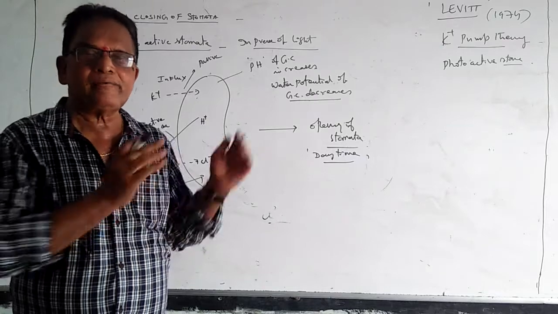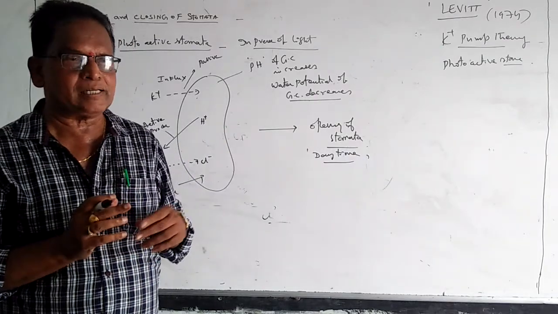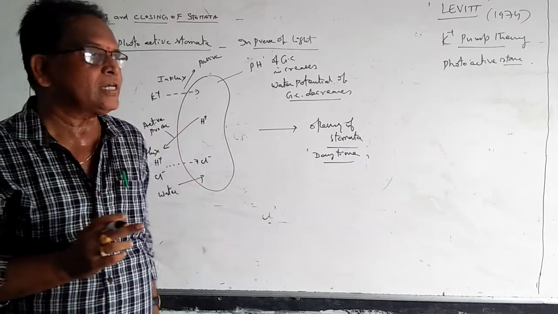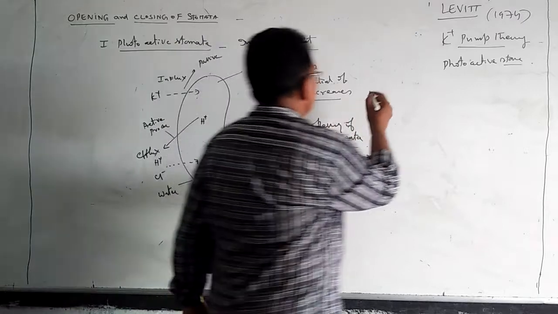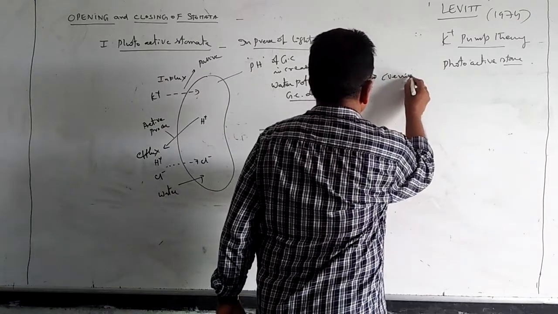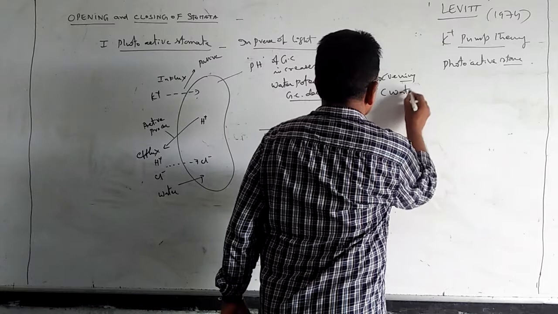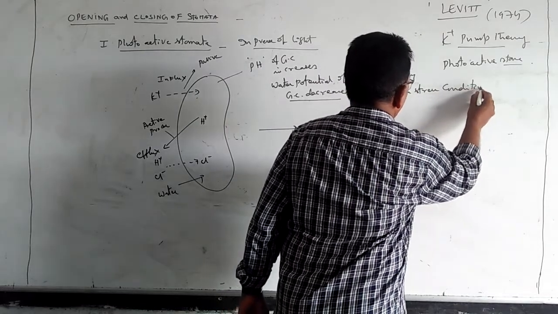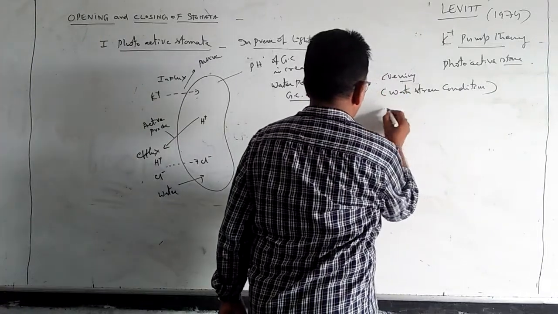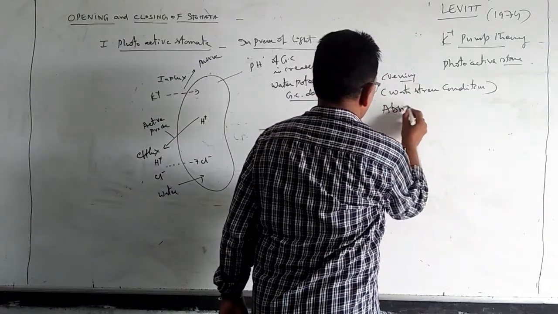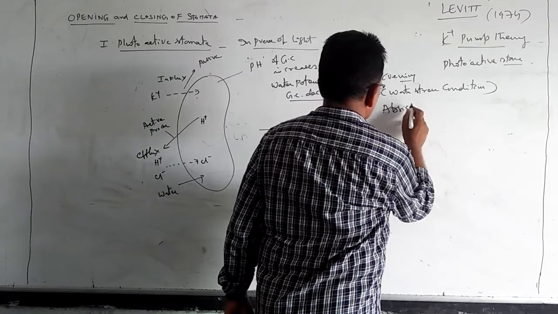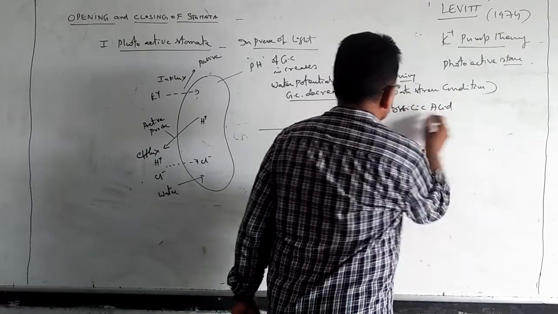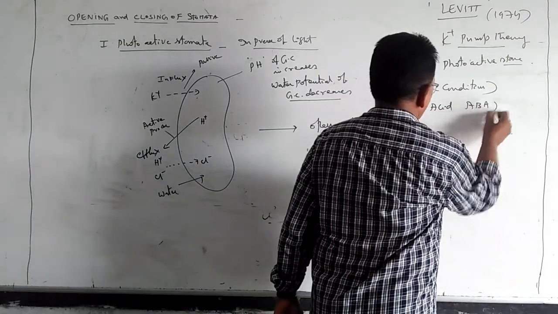In the evening times, if we observe the guard cell, some changes will occur inside the guard cells. So in the evening, due to water stress conditions, a hormone called abscisic acid, ABA, is produced.